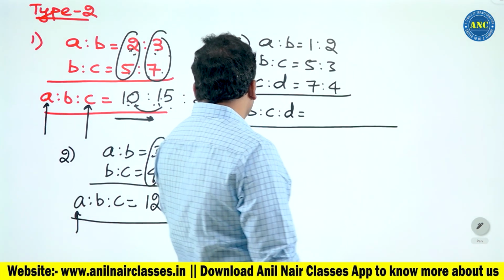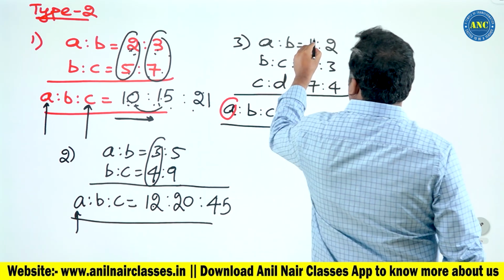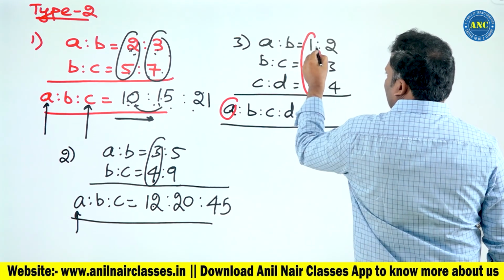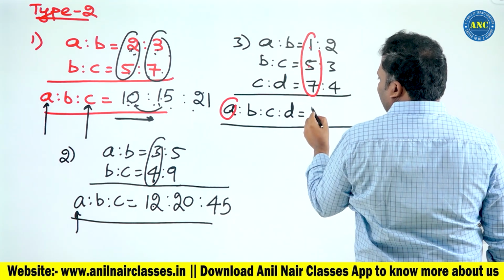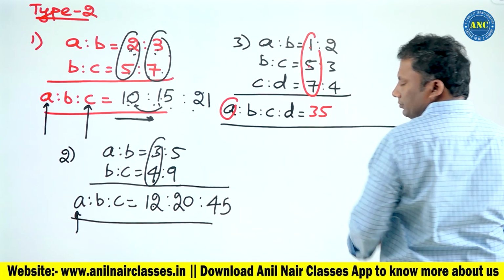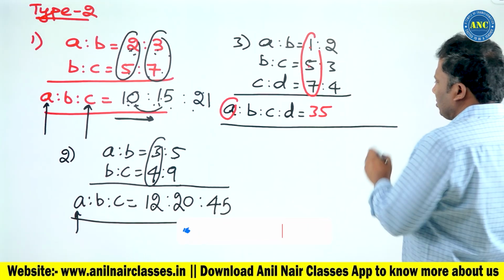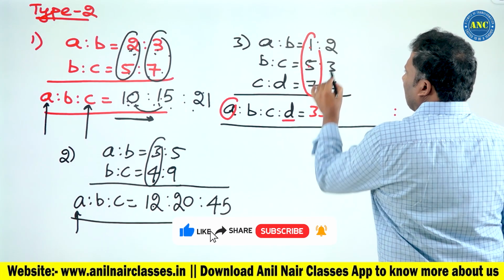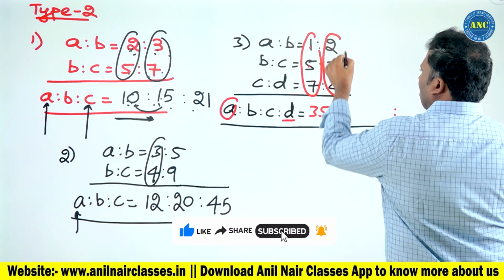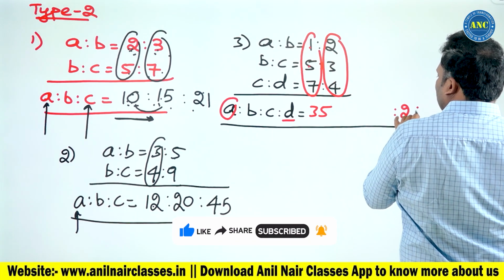Let's see. A, first variable. Multiply all the first: 1 5s are 5, 5 7s are 35. Last, D. Multiply all the last: 2 3s are 6, 6 4s are 24.